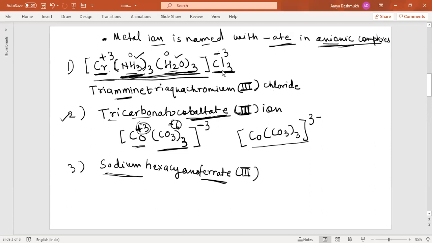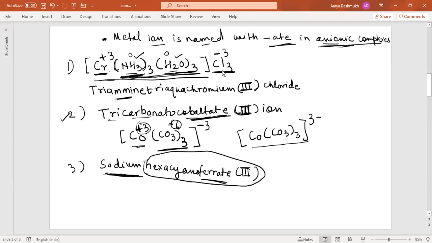Now remember, this sodium is outside the coordination sphere. You should never make the mistake of including it in the coordination sphere. So here there is a space. I'm writing, so this is the part, or this is the entity, which should be in the coordination sphere.